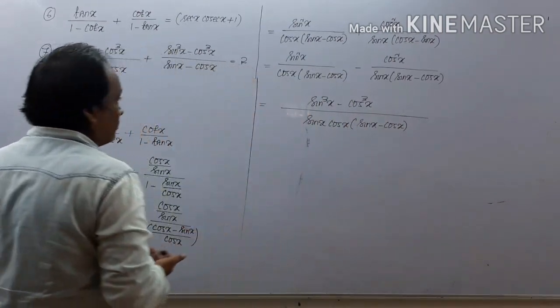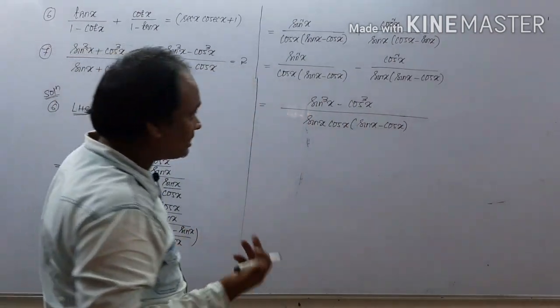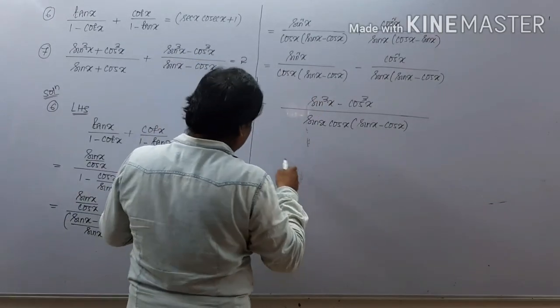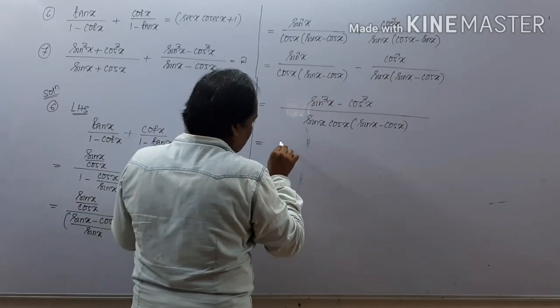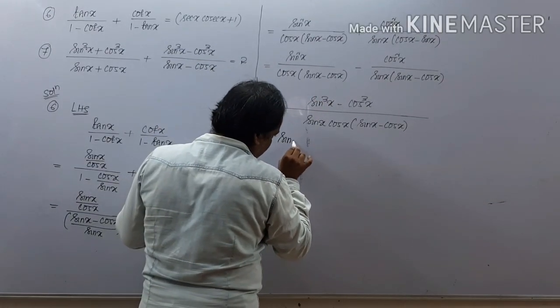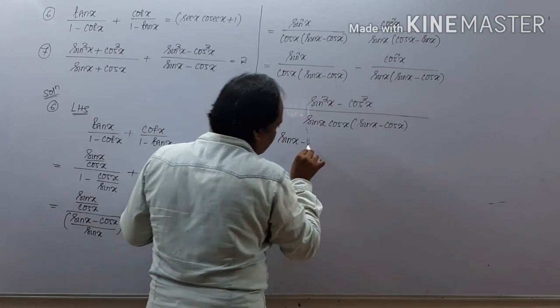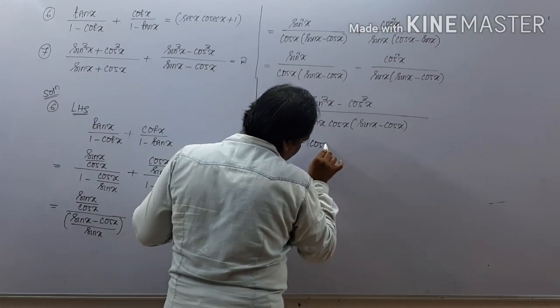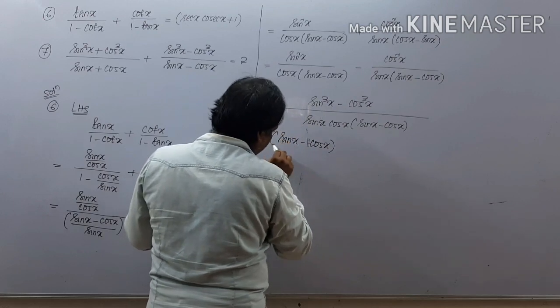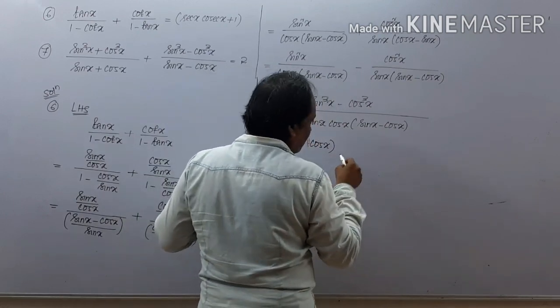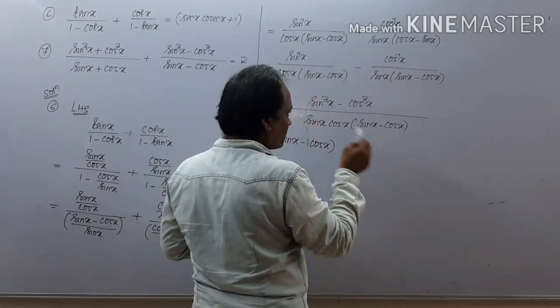Now what we have to do? We have to apply a cube minus b cube formula in the numerator. So what is the formula? That is a minus b, that is sin x minus cos x, right, multiplied by a square plus b square plus ab, right?